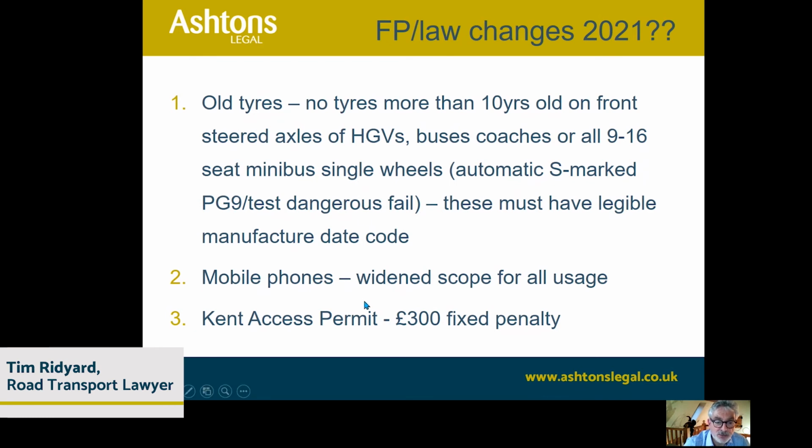And as we're dealing with Brexit, you'll be familiar that if you want to engage in international work, you need to have a Kent access permit. And if you're found in the Kent area intending to go to Dover or to the Eurotunnel terminal and you haven't got the paperwork, then it's a £300 fixed penalty.